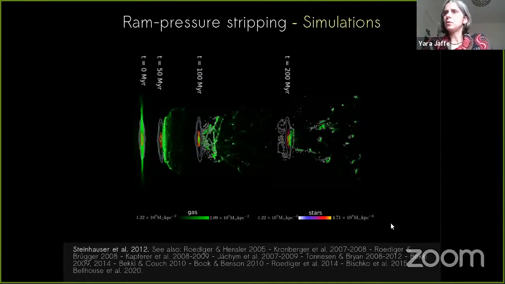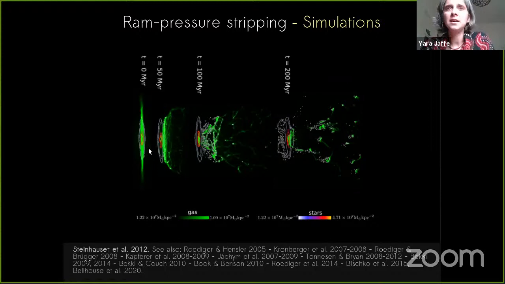So there's a lot of work that has been done in the last few decades on ram pressure stripping. So here I show one of a billion simulations of ram pressure stripping at play, just to show you that ram pressure stripping is a purely hydrodynamical process where what you strip is the gas, not the stars.